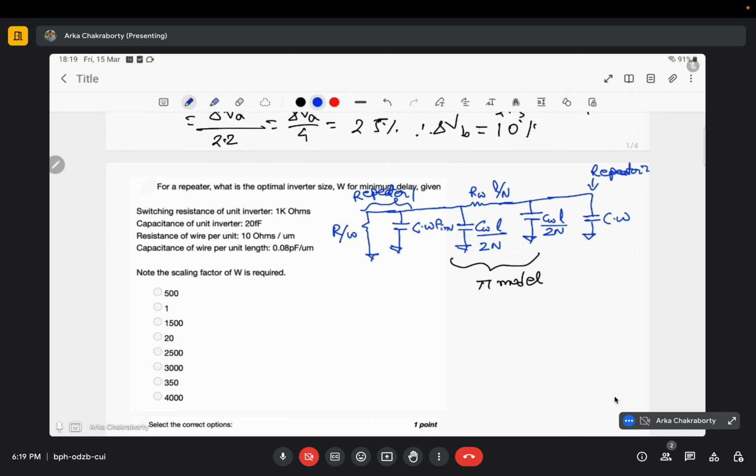So by the Elmore delay model we can find the propagation delay for one such segment.